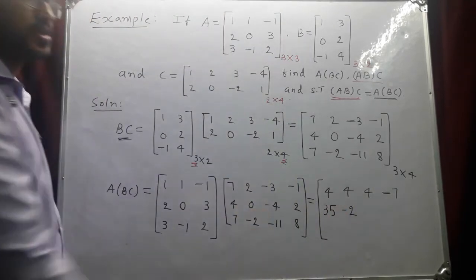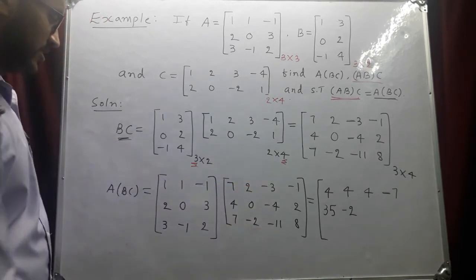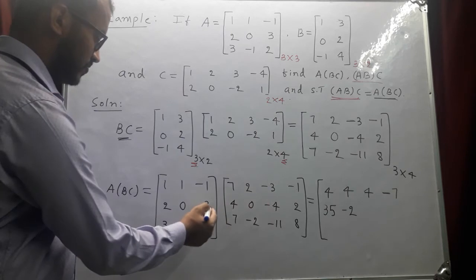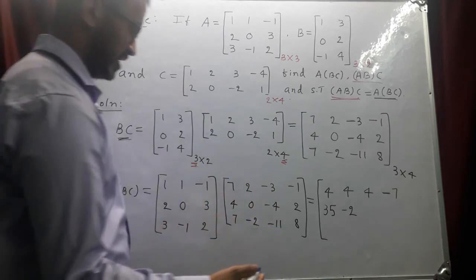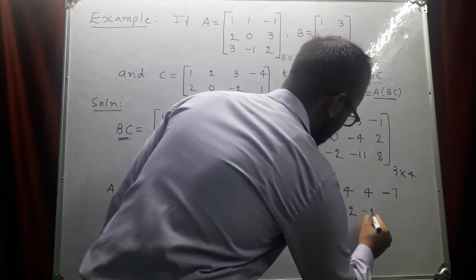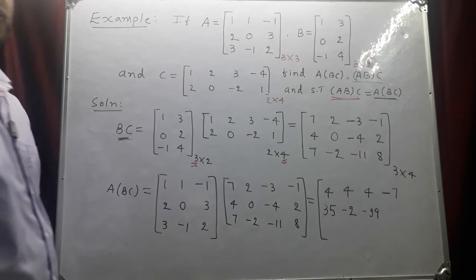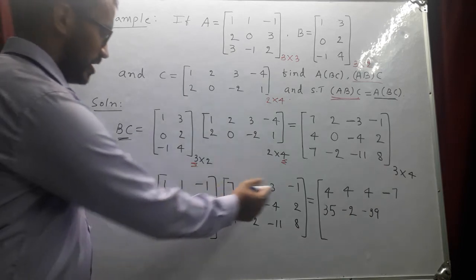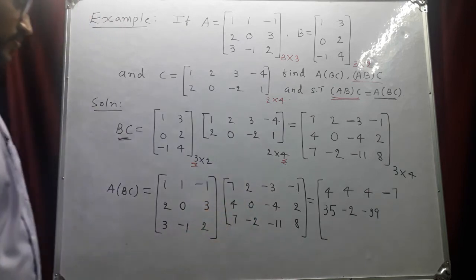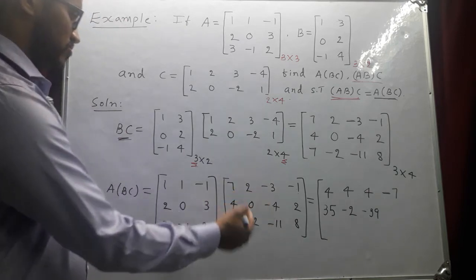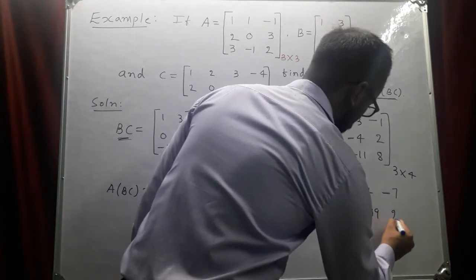Second row, third column, minus 6 plus 0 minus 33. Minus 6 minus 33 becomes minus 39. Second row, fourth column, minus 2, 0, 24. So minus 2 plus 24 becomes 22.